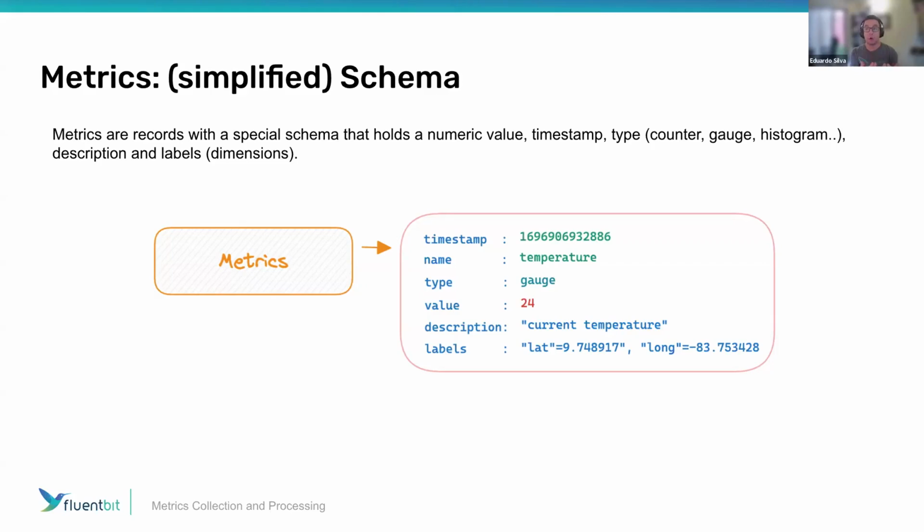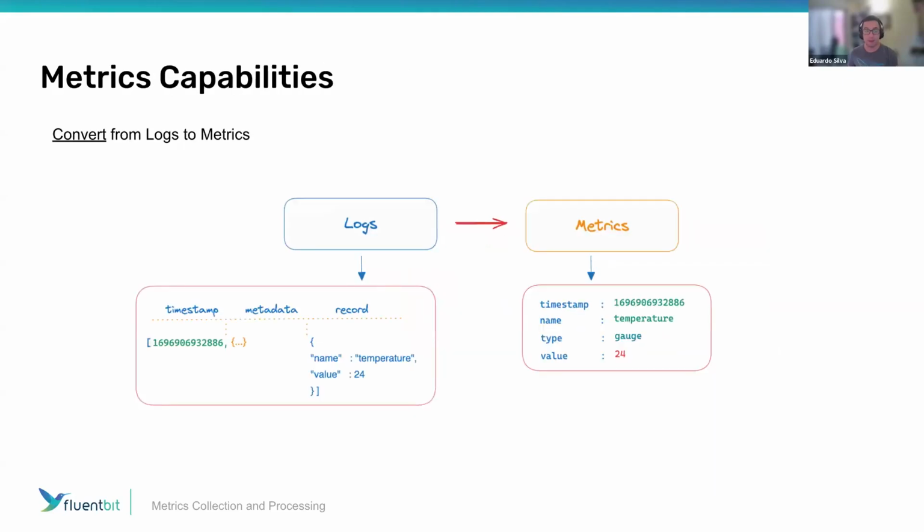I'm able to decode and encode back and forth with the other protocol schemas. Also, we have this capability that I don't think we have found in other projects: if you have logs that contain a metric, we can ship that log metric value as a native metric.